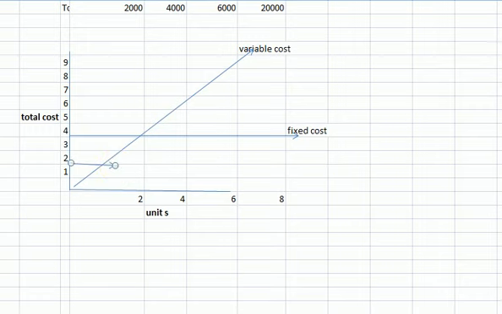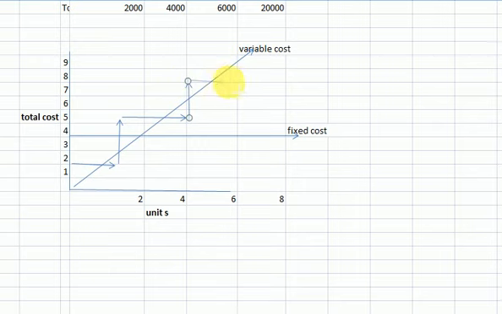Then it changes, increases, like here it reaches. Again it is fixed for some period of time, and again it changes.